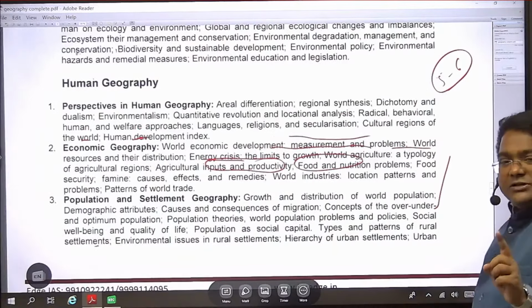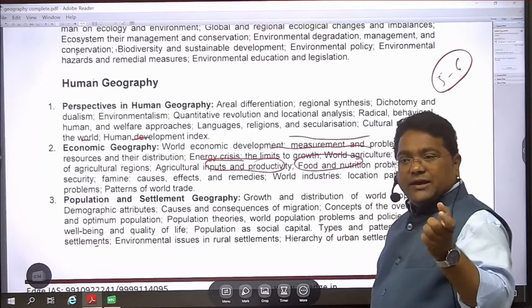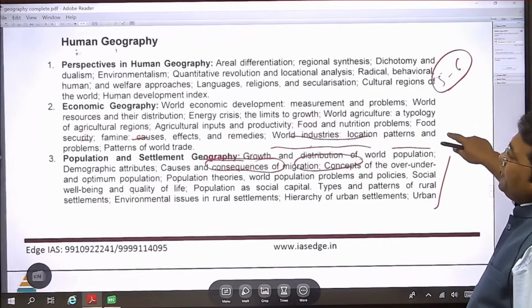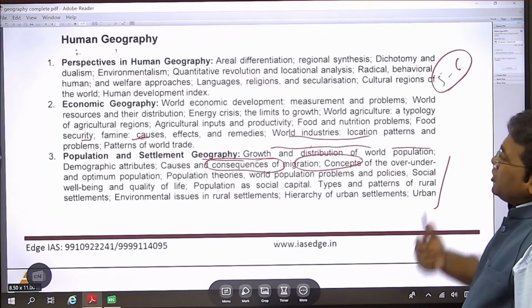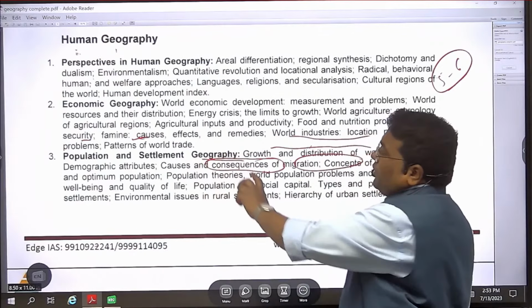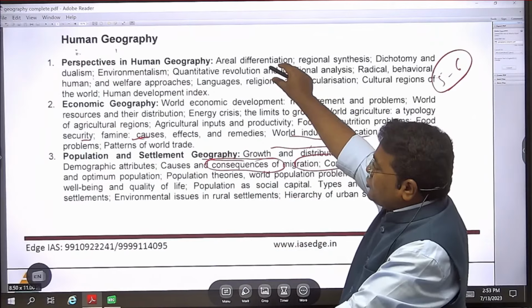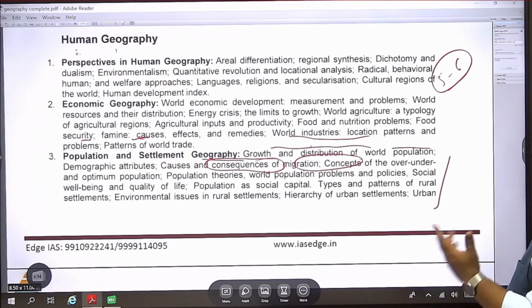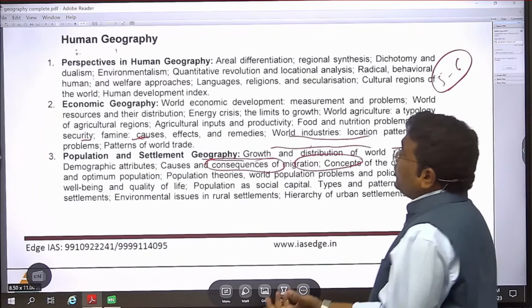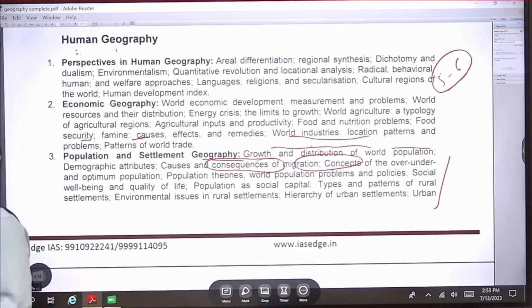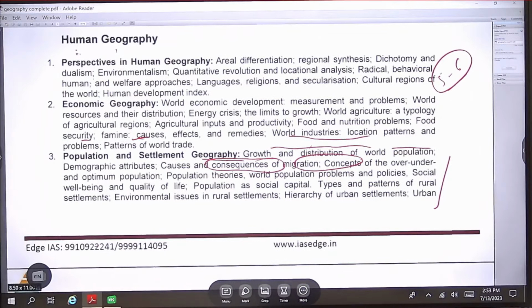Here in the optional part, human geography is the extra part, otherwise the rest is same to same. In human geography, you can see here perspectives in human geography. So for those who are taking geography, you will have perspectives in human geography as an extra topic, like areal differentiation, regional synthesis, dichotomy, quantitative revolution, qualitative humanistic geography, radicalism, behavioral geography, right?